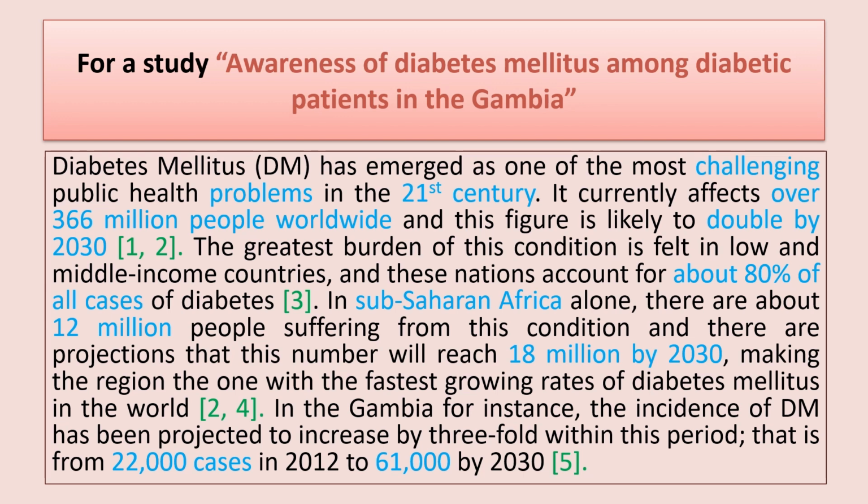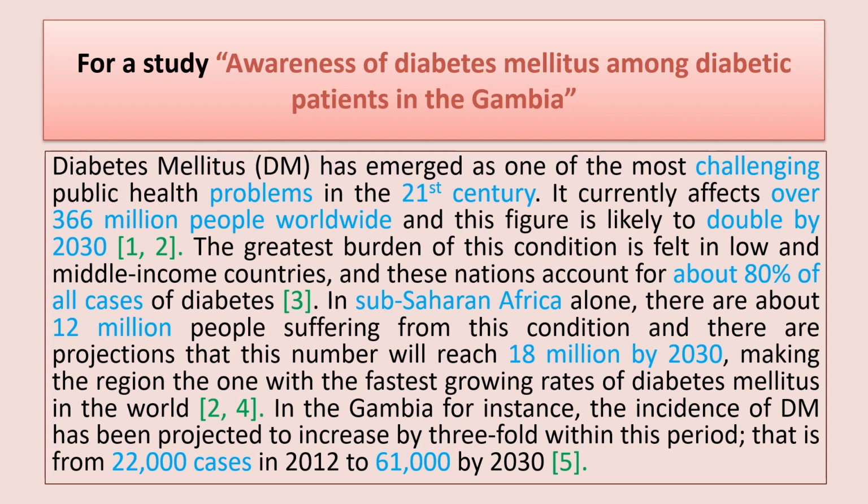For this study, awareness of diabetes mellitus among diabetic patients in the Gambia: diabetes mellitus has emerged as one of the most challenging public health problems in the 21st century. It currently affects over 366 million people worldwide, and this figure is likely to double by 2030.